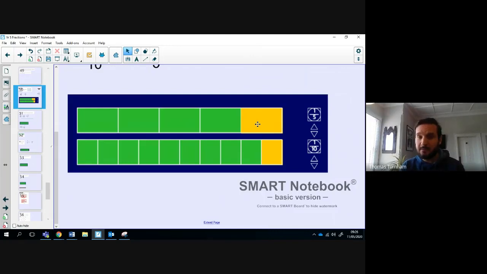Because what you've got to remember, whether you're drawing a picture or making a picture in your mind, is that if I've cut something into fifths, and then I want to cut it into tenths, I'm making it into twice as many parts. And when we talk about fractions, twice as many means smaller, not larger.